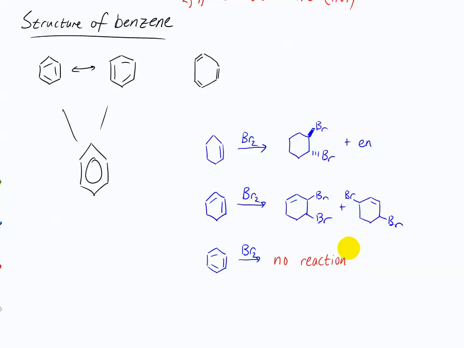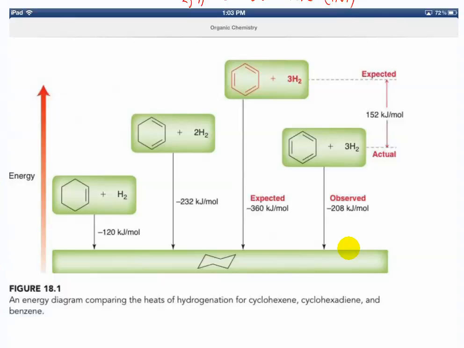So let's look at a diagram here of some hydrogenation energies. So here are the energies of hydrogenation, which means how much energy is released when you hydrogenate these molecules to cyclohexane. So if you take a cyclohexene, should be about 120 kilojoules per mole.